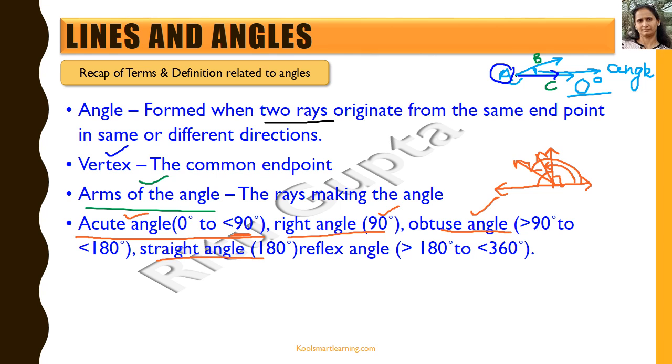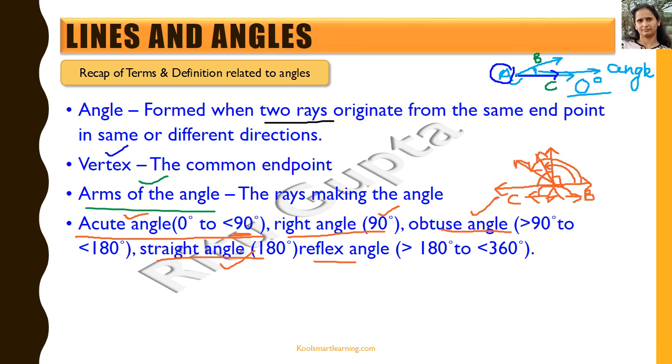Then a straight angle is 180 degrees. If we name this common endpoint as A, this as B, and this as C, then if AB and AC are at 180 degrees from each other, they are making a straight angle.